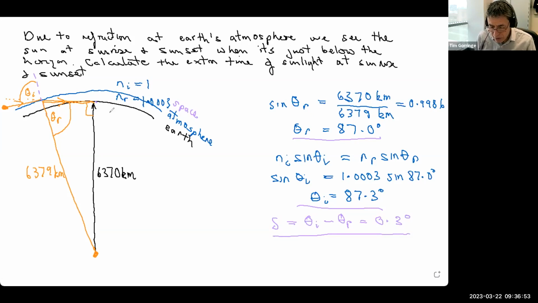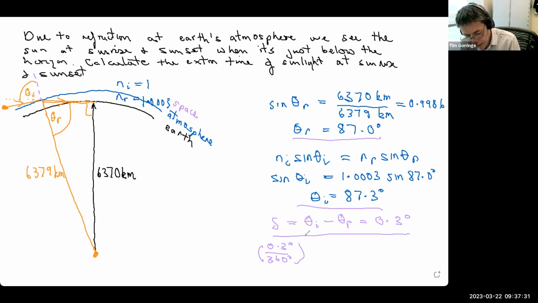All we've got to do is realize, look, we're seeing an extra 0.3 of a degree at sunrise, an extra 0.3 of a degree at sunset, out of a total 360 degrees of the sun's travel around the Earth in this sketch. And so if I divide 0.3 degrees by 360 degrees, that's the fraction of extra sunlight that I'm getting at sunrise or at sunset.